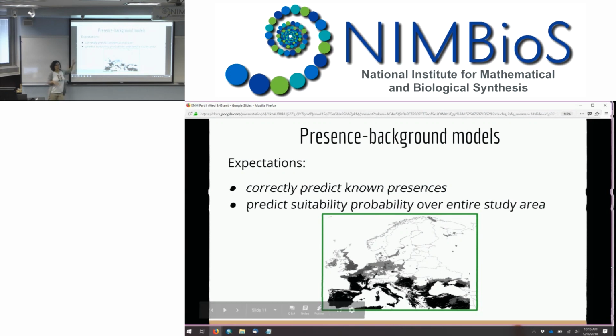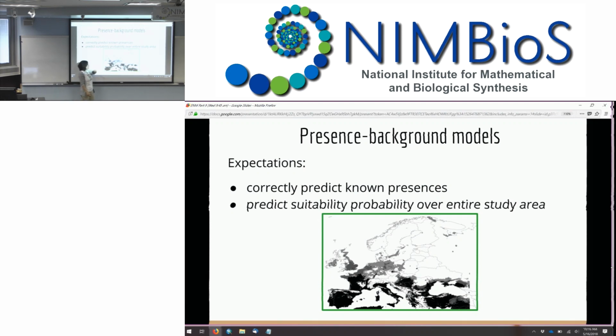But so focusing on presence background models, very quickly, what do we want our models to give us? A correct prediction of known presences. So basically, if I have presences, I want that model to be able to predict those presences as present and not absent. And then we also want some sort of suitability prediction for the rest of the study area.